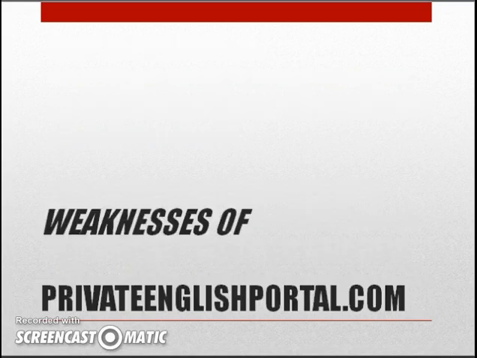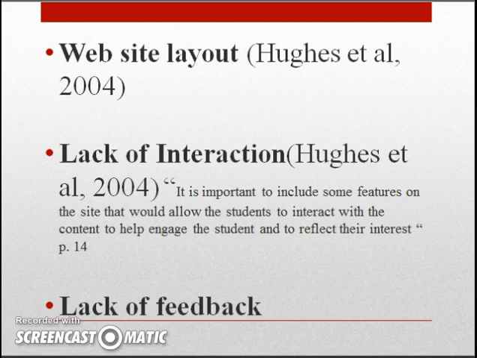However, flaws in the design of the website can make it unattractive for learners, such as the lack of colors and indication of what is behind each link. The interface is also not designed to provide interlanguage forms, which might discourage learners, as mentioned in Hughes.